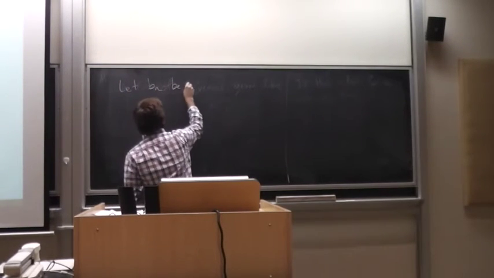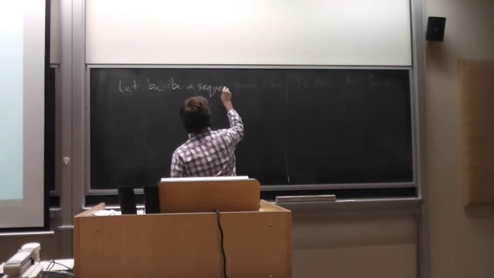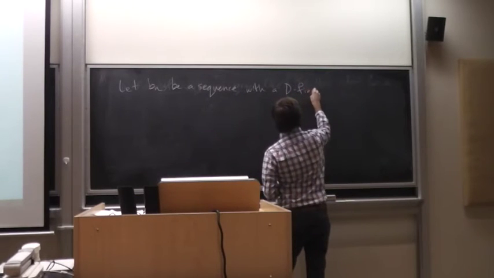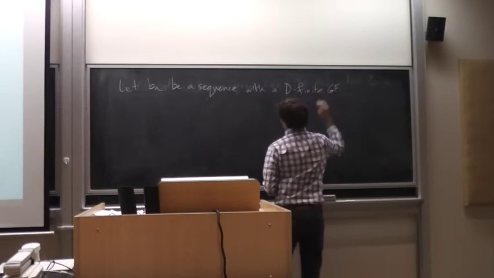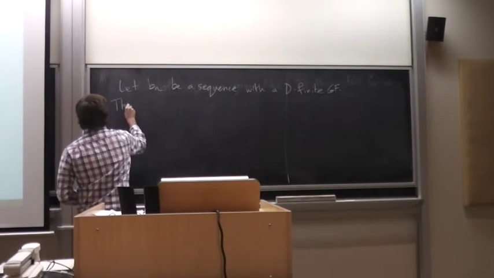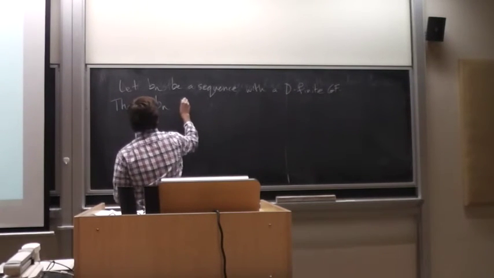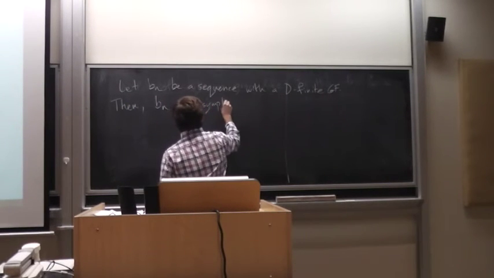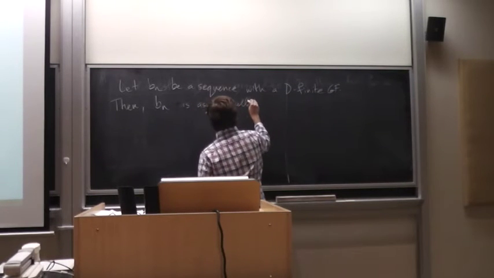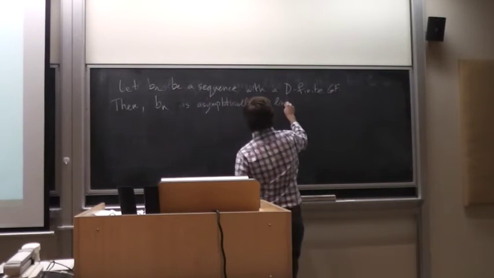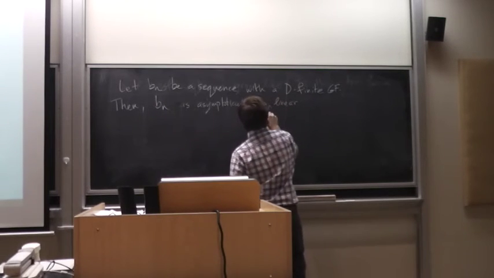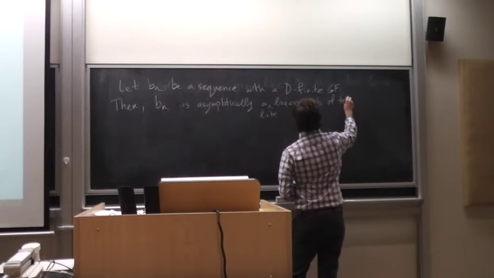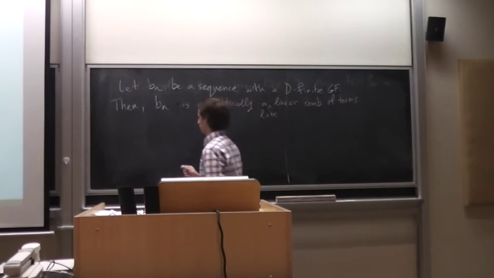Let B sub n be a sequence with a d-finite generating function, then B sub n is asymptotically a finite linear combination of terms that look like the following.